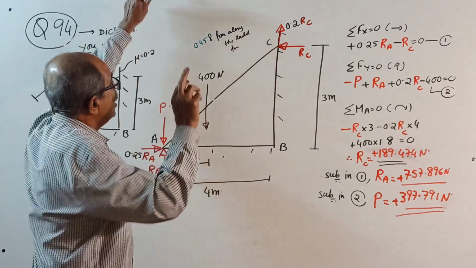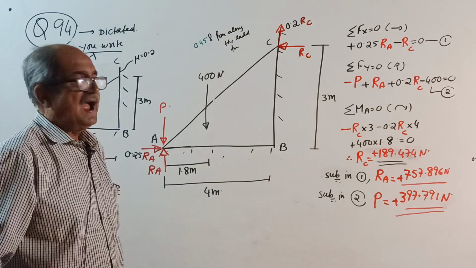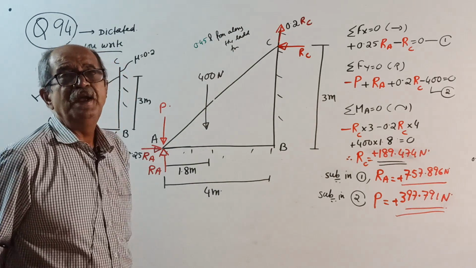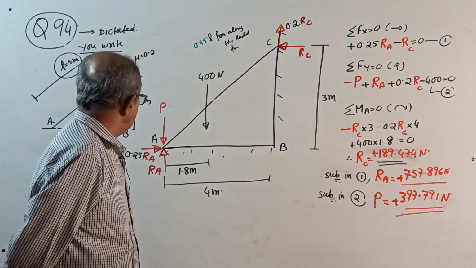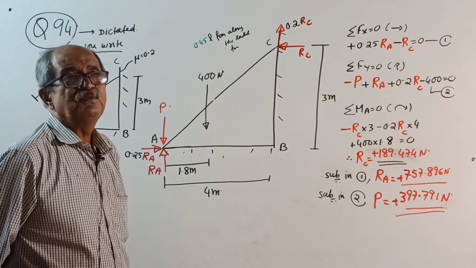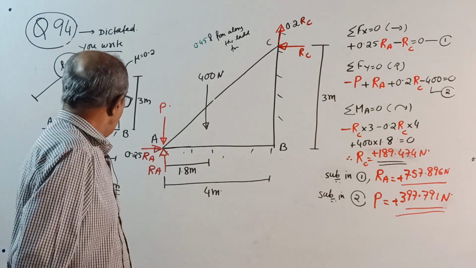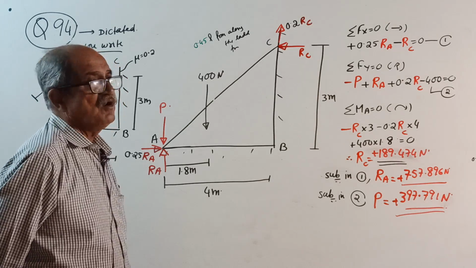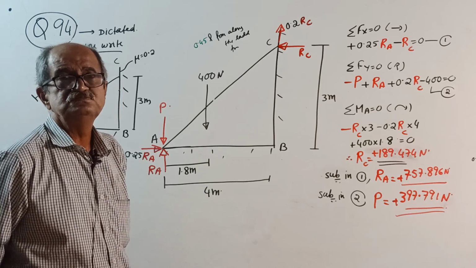Top of the ladder is 3 meter above ground level and the bottom of the ladder is 4 meter from the wall. Coefficient of friction for the contact point of the ladder with the ground is 0.25 and for the contact point of the ladder with the wall is 0.2.